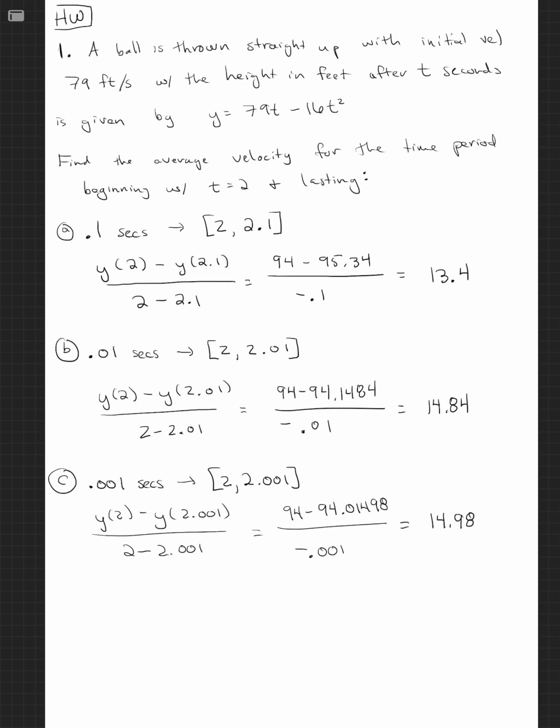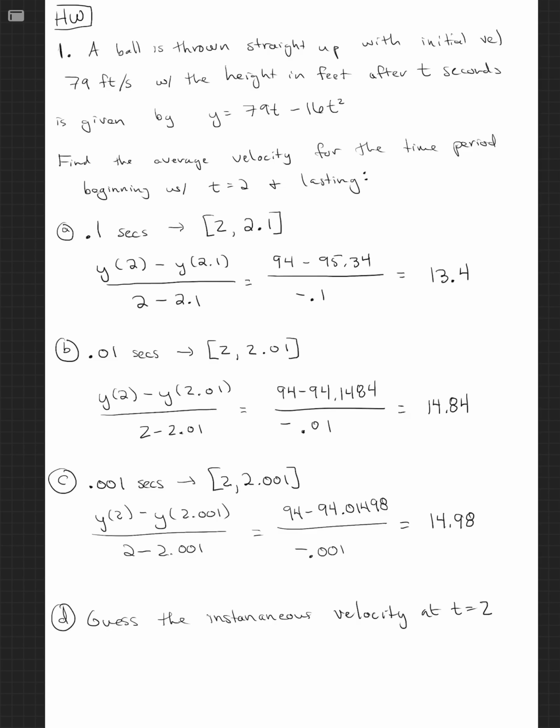And the next part of the question is to guess the instantaneous velocity at t equals 2, right?